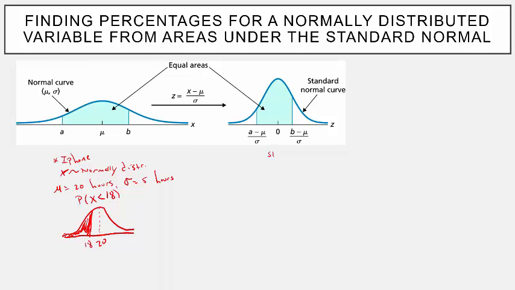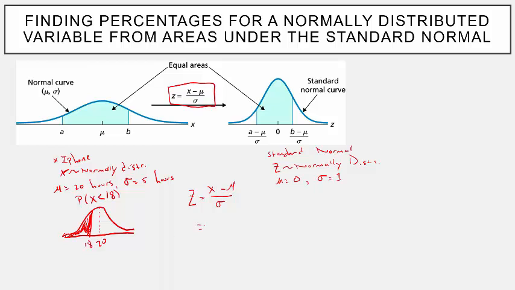Now let's talk about the standard normal. The standard normal is normally distributed. The mean is equal to 0, and the standard deviation is 1. If I take this z-score formula and run it through this value 18, z is equal to the x value minus the mean divided by the standard deviation.